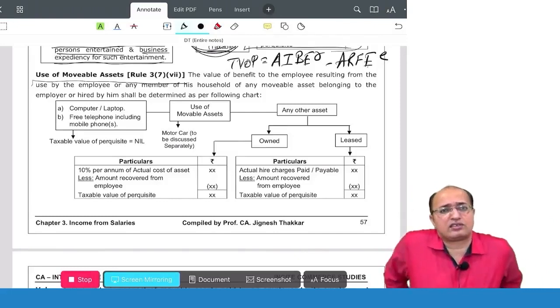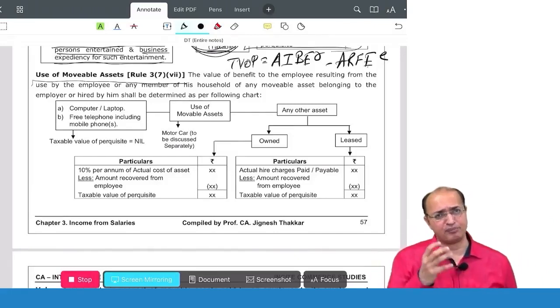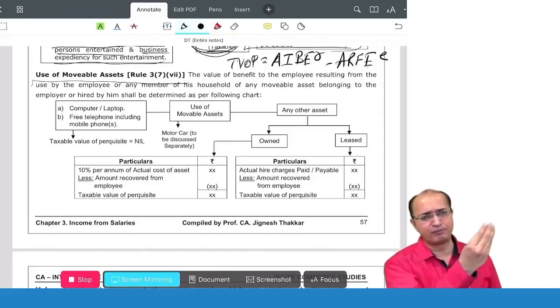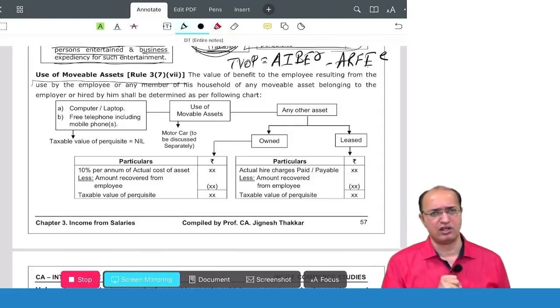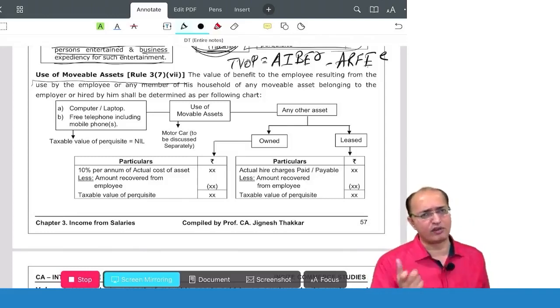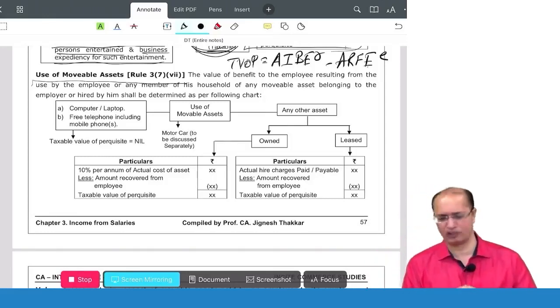So in that case, if employee is using that asset free of cost, he is using employer's asset free of cost, definitely there is an advantage. So whatever advantage is there, it should be valued monetarily and that amount should be added to employee's income.